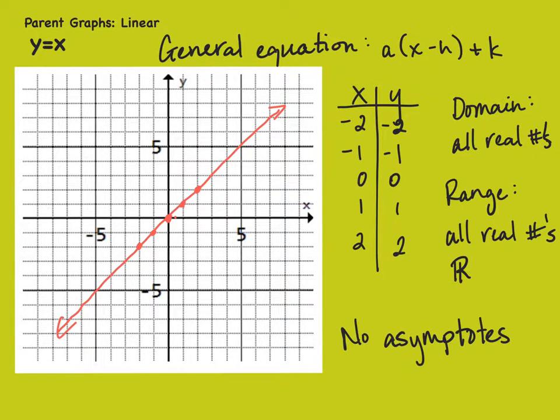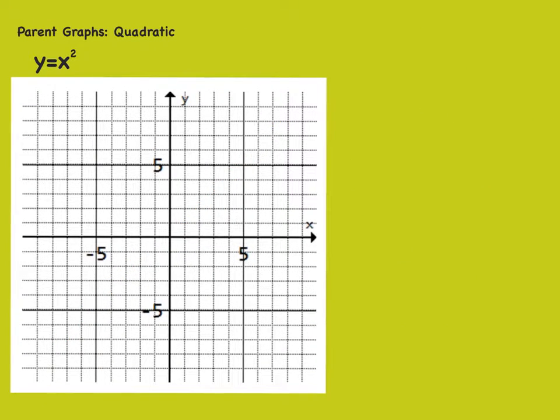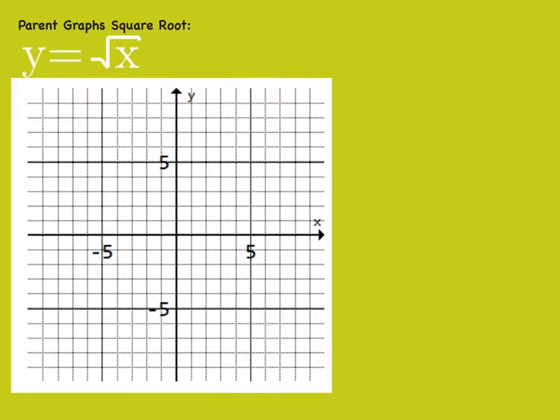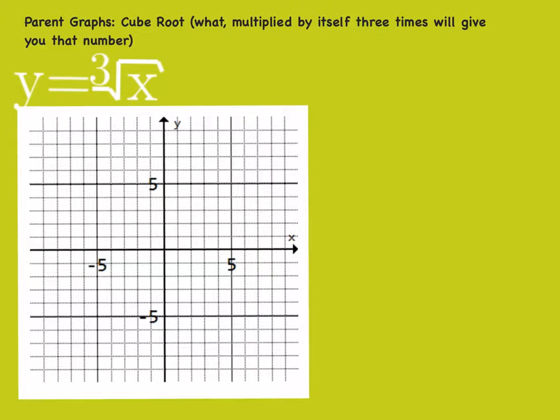Let's see, we got the parabola, which you should already have that information, x to the third, square root, cube root. I'm going to jump to the cube root really quick.